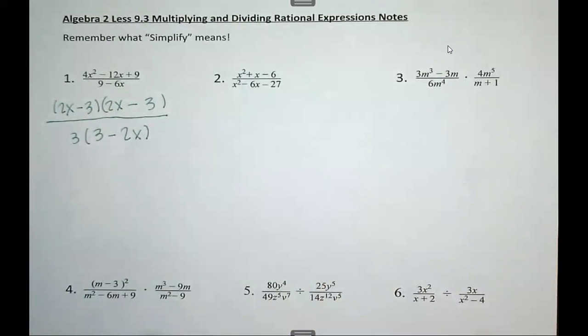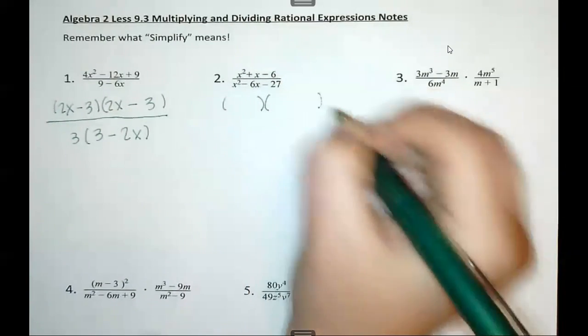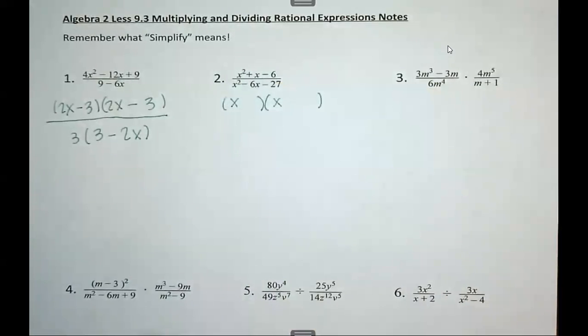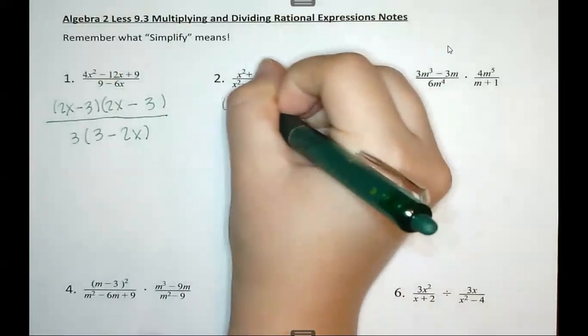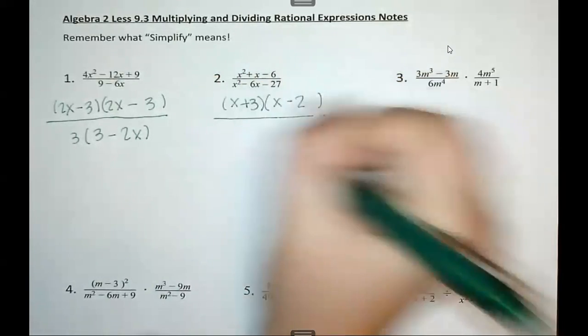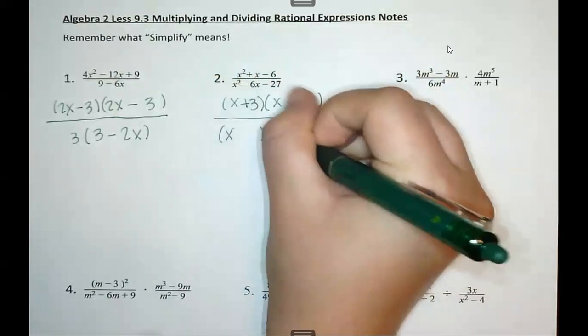All right, on number 2, I want to factor the top. So x and x, and what multiplies to give me -6 adds to give me 1. That would be +3 and -2. Then we also factor the bottom. We've got x and x.